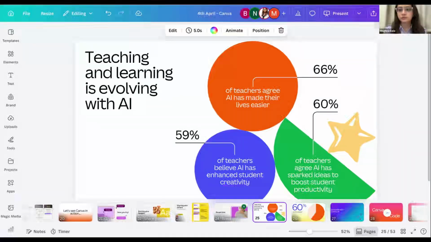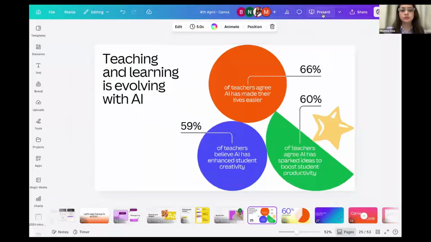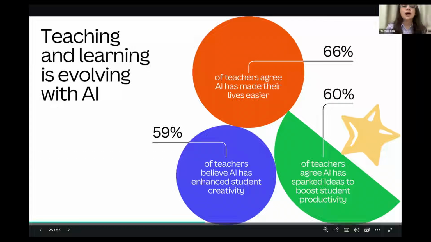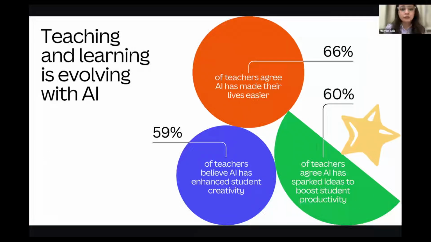Okay. So now, since we've already seen a few features about what Canva elements can do for us, just like AI, now let's talk about Canva AI. Just like AI is transforming classrooms already, Canva is also transforming the way we can teach and present our ideas.